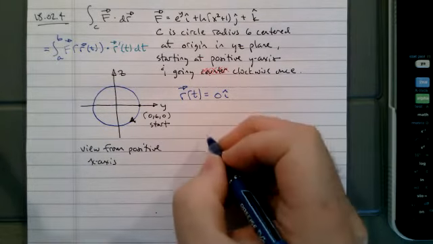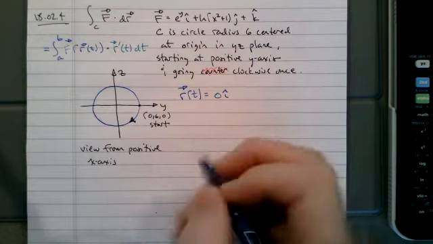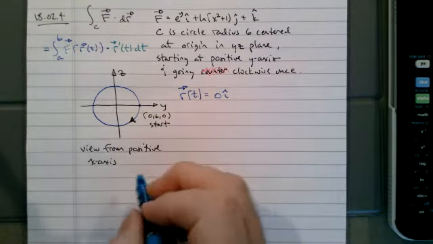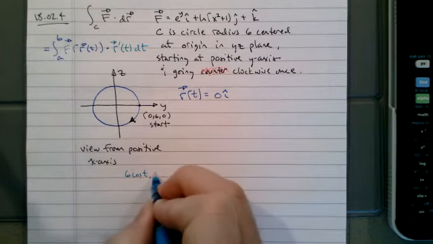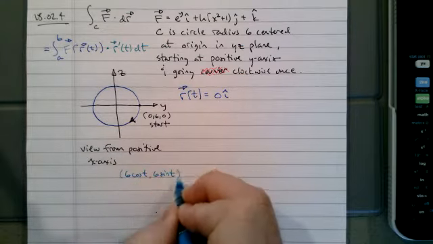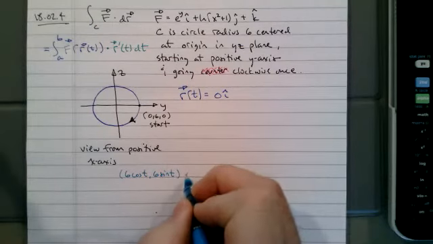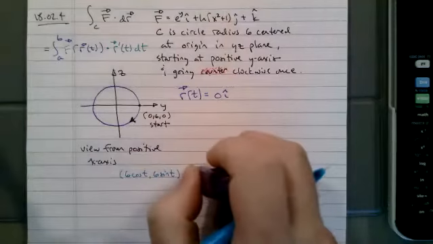If I set this circle up as 6 cosine t, 6 sine t, this goes counterclockwise around the circle, let's say for t between 0 and 2 pi.